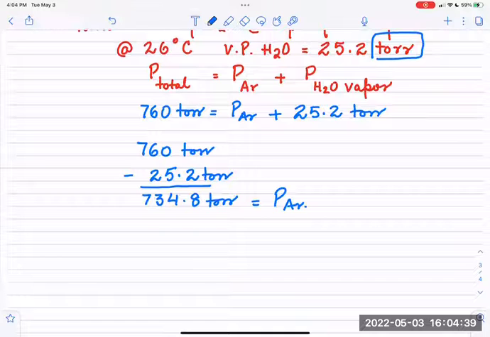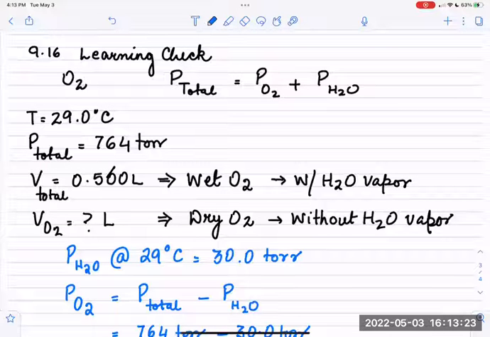All right, guys. Now we're going to look at the learning check problem in which we are given oxygen. We are given the value of total pressure, 764 torr, and the total pressure actually contains the partial pressure of oxygen and the partial pressure of water.